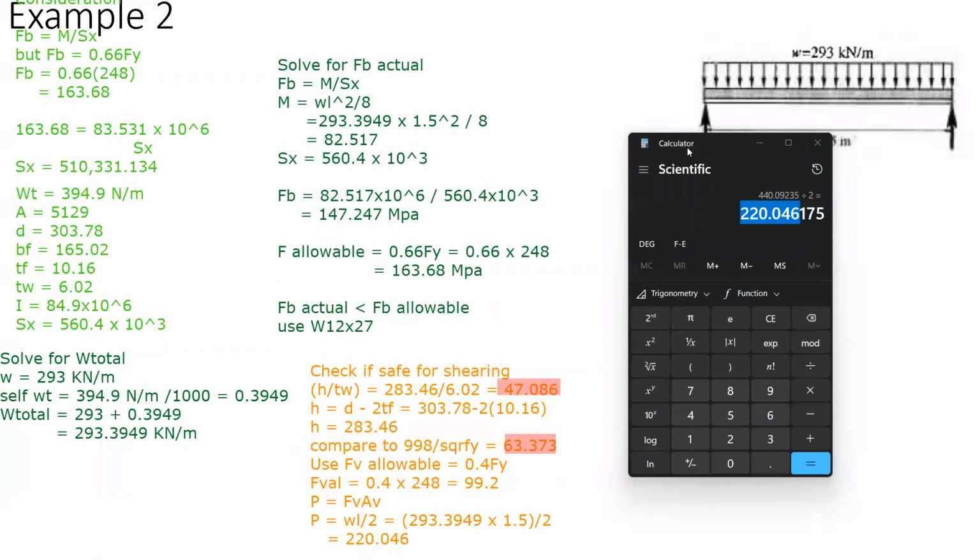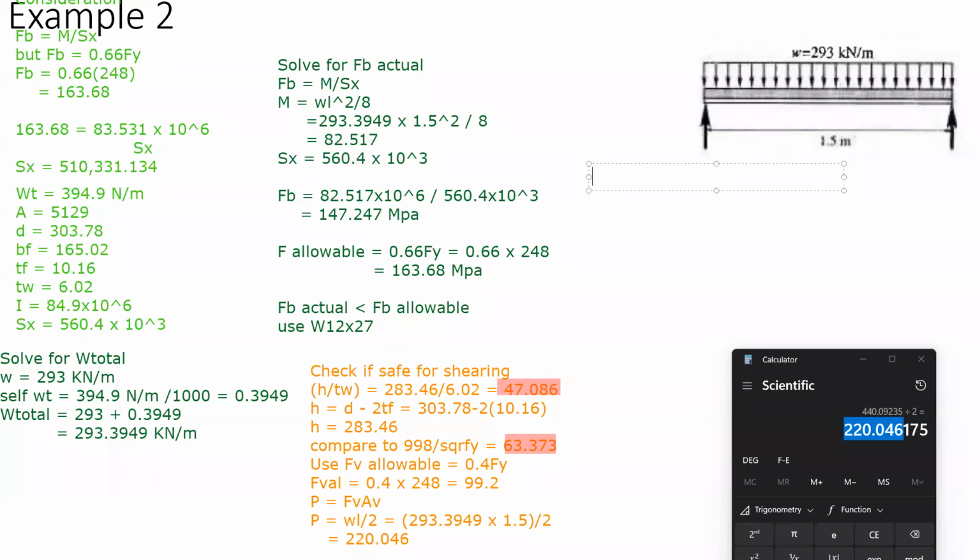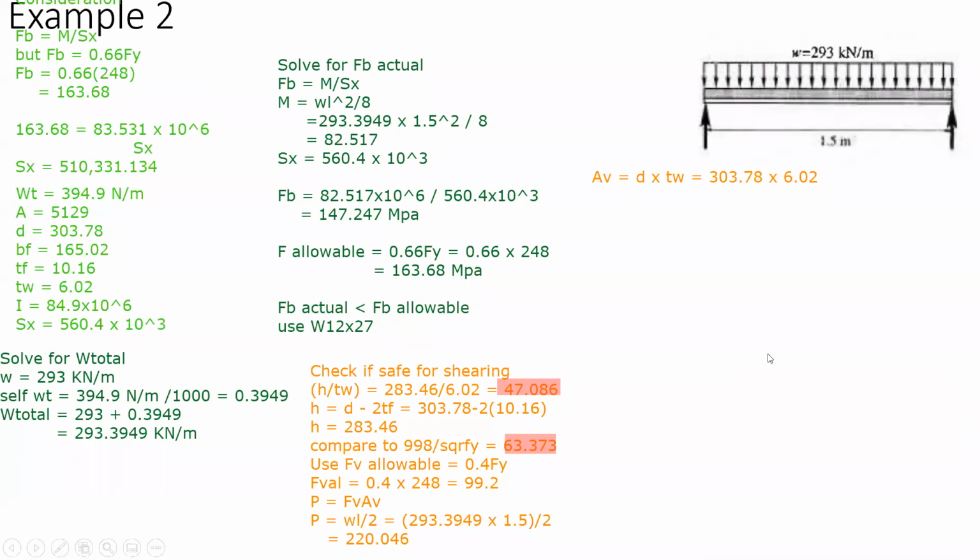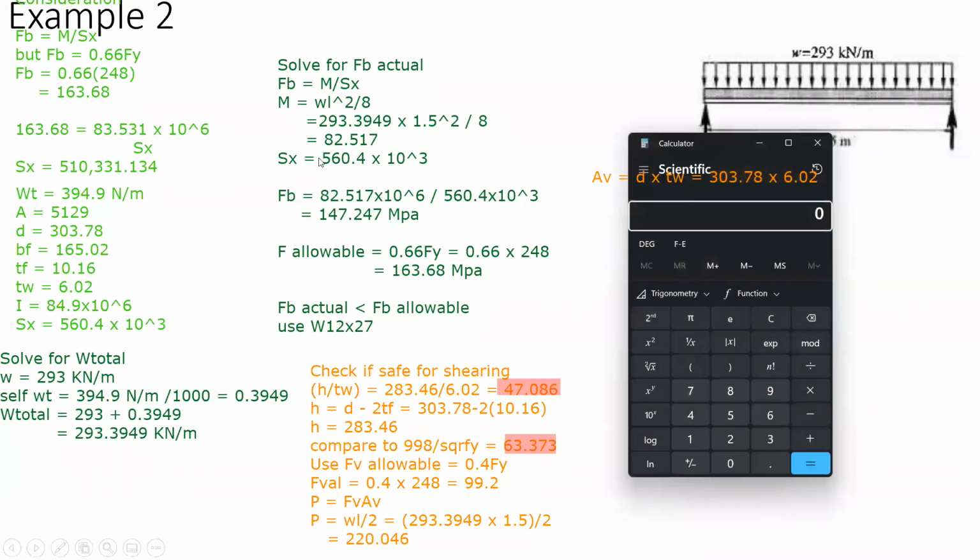So let me move this calculator and let's solve for AV. AV is just the T times PW. So this would be D natin is 303.78. PW natin is 6.02. 1,828.